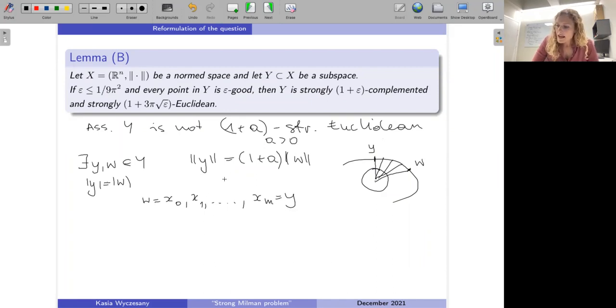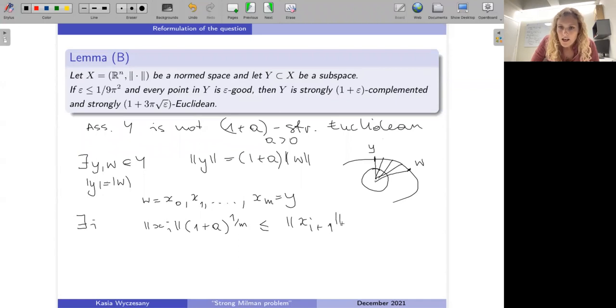Okay. And then by the pigeonhole principle, we get that there exists some i such that xi has norm less than or equal to the norm of x i plus 1 divided by 1 plus a to the 1 over m, because we're going from w to y, therefore these will be larger in norm.